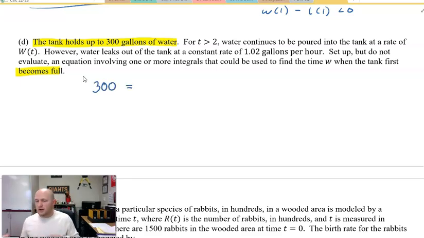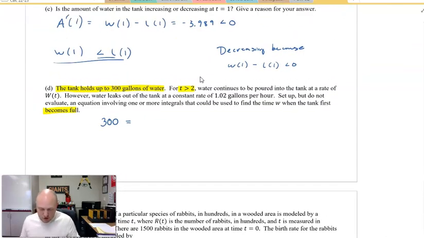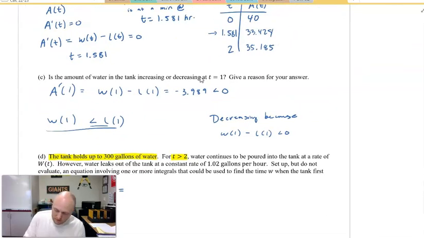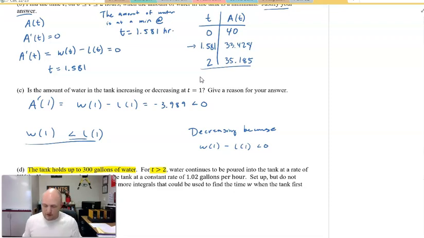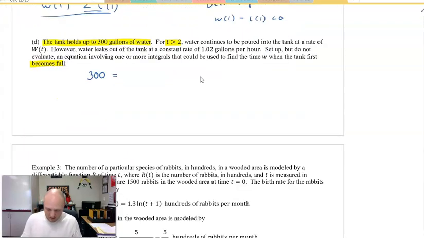Now, if I want to set up an integral, this is for t greater than 2. So what I want to know is, what was our initial value at time 2? Notice at time 2, we had 35.185 gallons of water from a previous answer. And they love to recycle answers. So here is our initial value, 35.185.